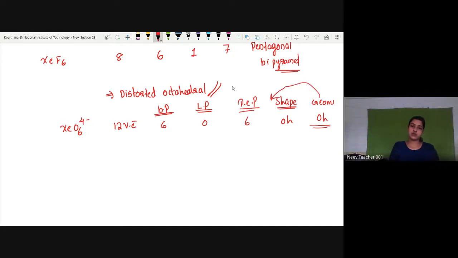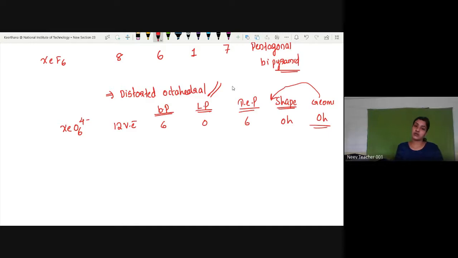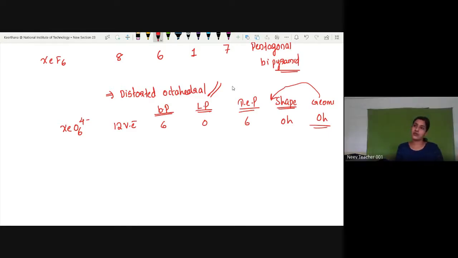So what is your doubt? No, sir, is 12 valence electrons possible? Yes, 12 valence electrons is possible. That is also like the existence of XeO6 4 minus. It's rare. I'm not sure whether XeO6 4 minus exists or not, and when I was writing this example, I just wrote that.